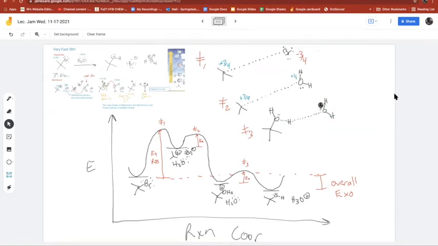And charges: this oxygen, what's it going to be? +3/4. And the other oxygen? +1/4. There we go. We got it. Good work.